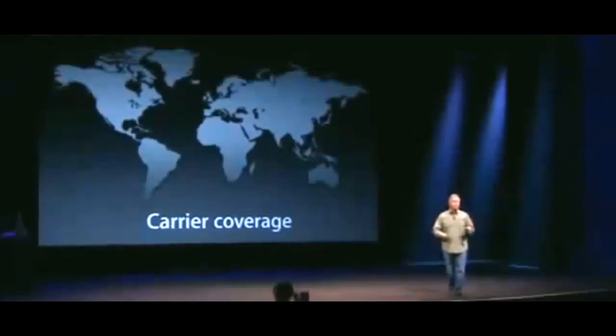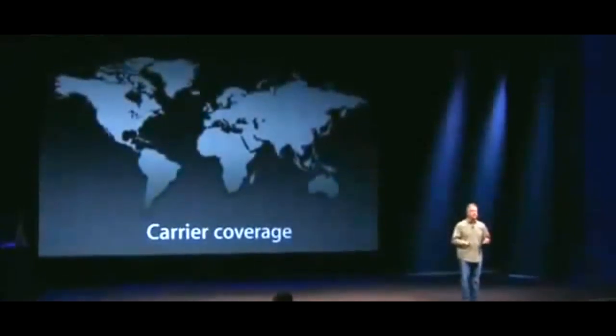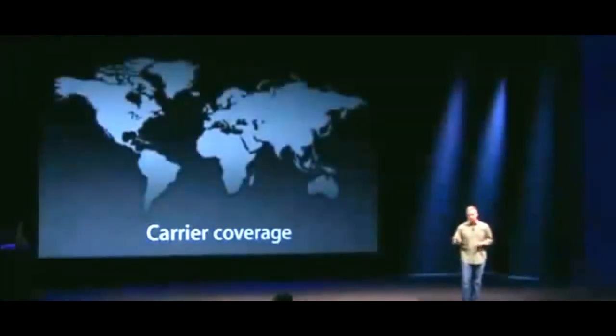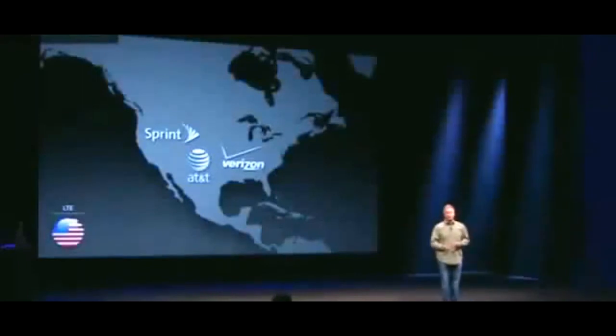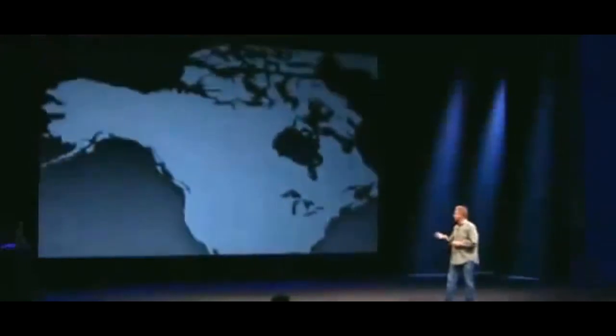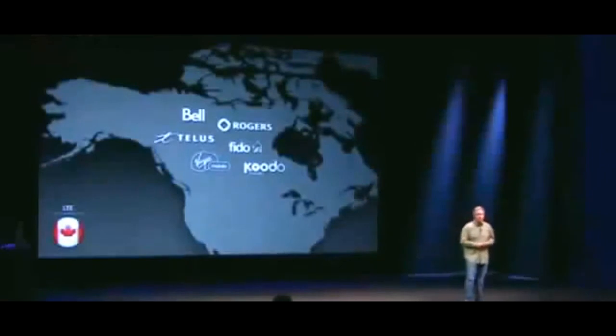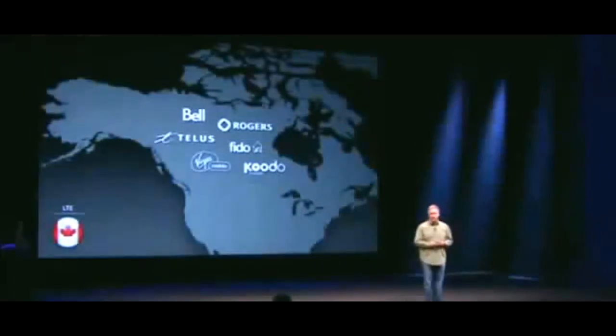So an important question is, who are we working with to roll out LTE on iPhone 5? Well, in the US, we have great partners we're working with, AT&T, Verizon, and Sprint, to support LTE on iPhone 5. In Canada, Rogers, TELUS, Bell, Virgin, Fido, Koodo.